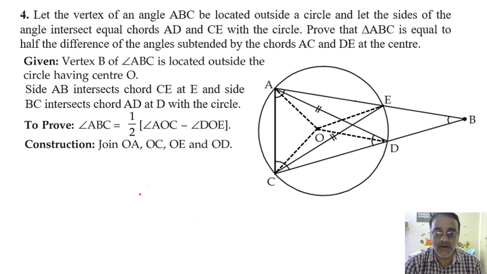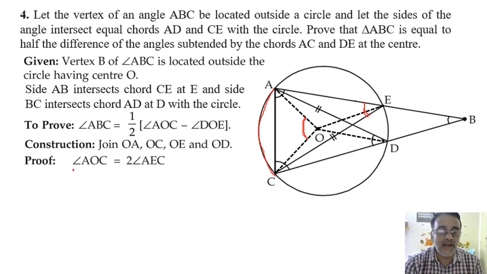Yes, sir. Right, now we know that the angle subtended by an arc at the center is double the angle subtended by the same arc at any point on the remaining part of the circle. So ध्यान से देखो, this angle AOC is double of this angle. Clear? Yes, sir. Angle AOC is double of this angle because both the angles are subtended by this arc AC.